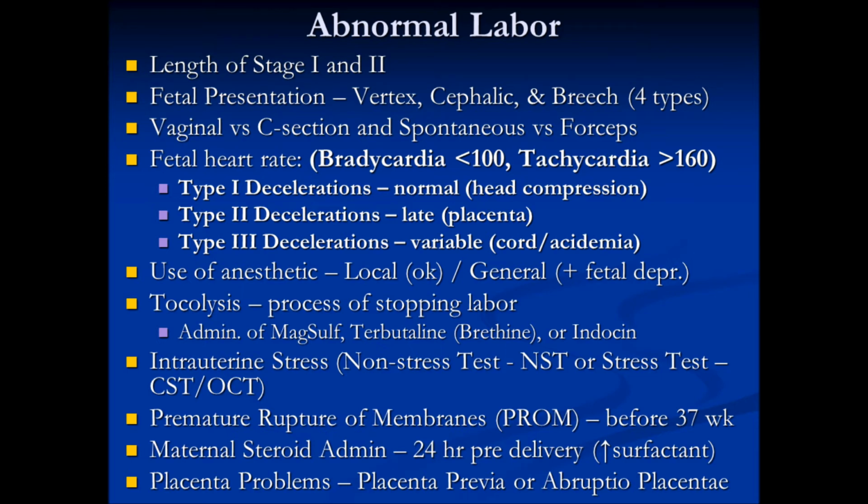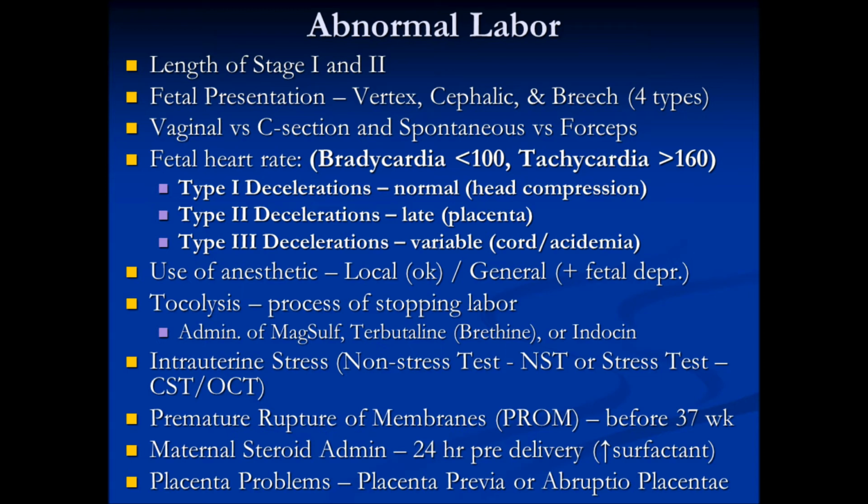E is the brow, so more of the forehead that's being presented. And then lastly is shoulders. If the shoulders are what you see through the birth canal, then that is a problem.